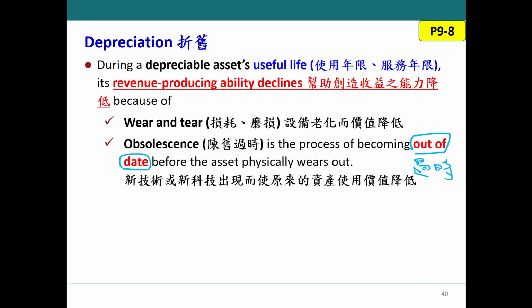You don't need to do anything. Next month, iPhone 16 is on the market. Immediately, your iPhone 15's value decreases, right? Because everyone wants to buy the new one. No one wants the old one, right? So out of date means that even though you don't use your PPE, when the new iPhone comes on the market, it will make your iPhone 15's value decrease.